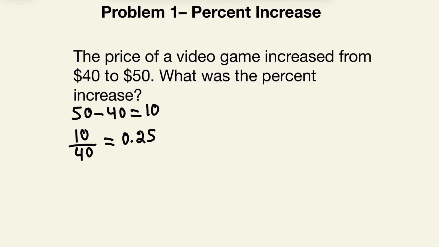We can do that by multiplying 0.25 by 100, and that equals 25%. And notice what you're really doing is moving the decimal point 2 places to the right and then appending the percent sign, which becomes 25%.